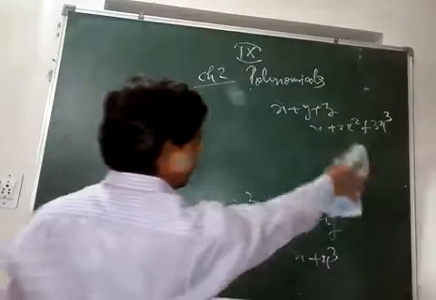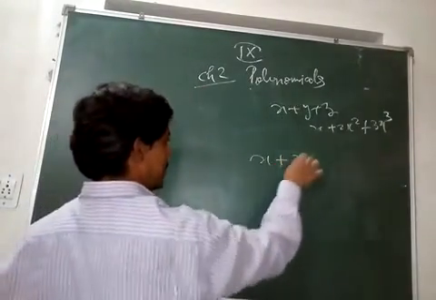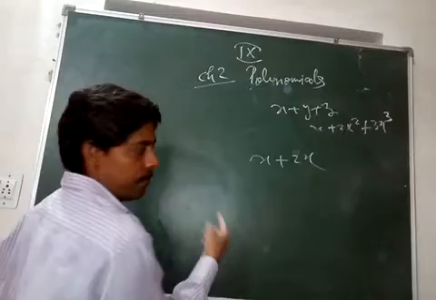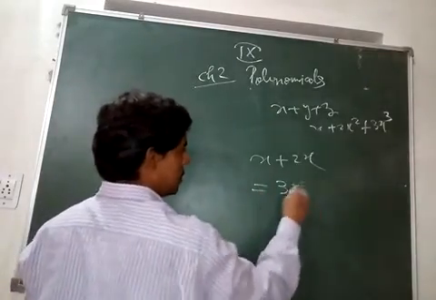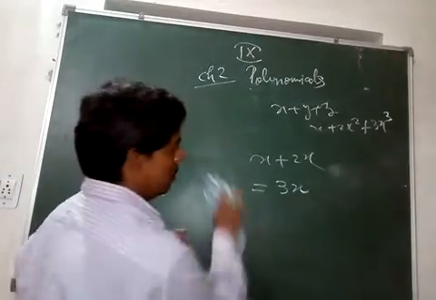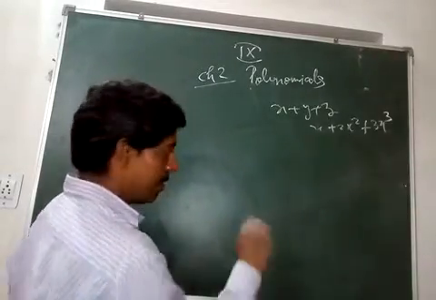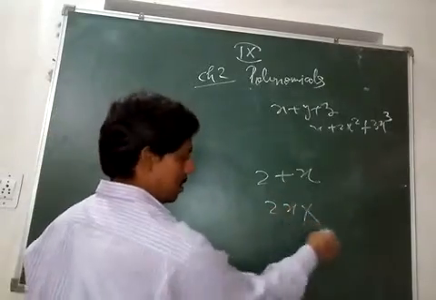And sometimes you have to be very careful. If you can add, then it becomes a monomial only. Somebody says, what is x plus 2x? Is it a binomial? No, it's not a binomial, it's a monomial because this is 3x, it can be added. If you cannot reduce, like 2 plus x, can we write 2x? No, not at all.